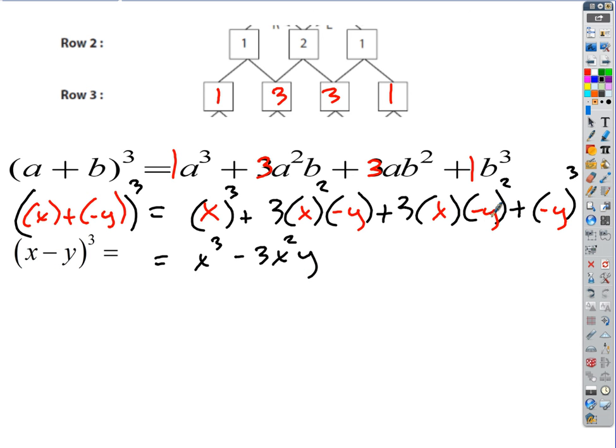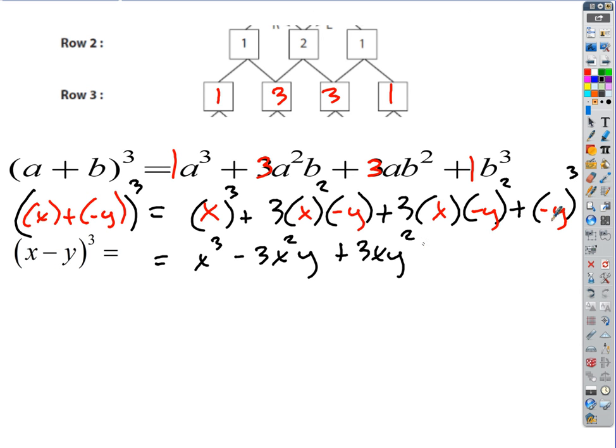It's negative 1 squared, which is 1, times y squared, so just y squared, right? So that's going to be plus 3xy squared, and then negative y cubed is going to be negative y times negative y is y squared, times negative y is negative y cubed, right?